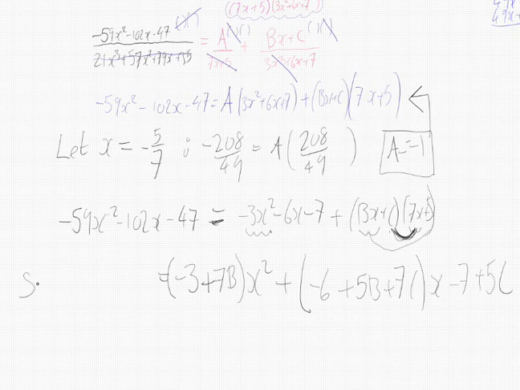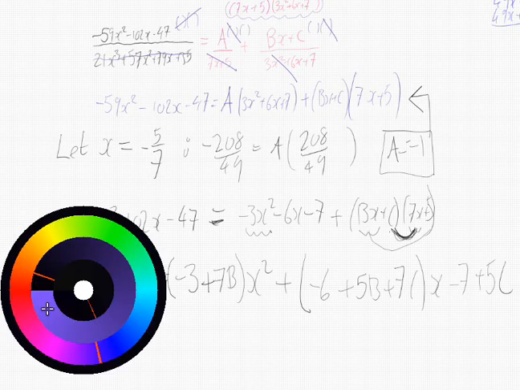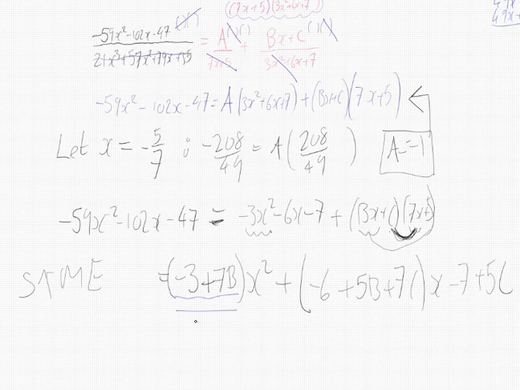And this is the same. So now I make my comparison. But that's handy now, because if you look, I can get the B from this, because I have minus 3 plus 7b. What should that equal? Minus 59. And if I compare this one, what should that equal?